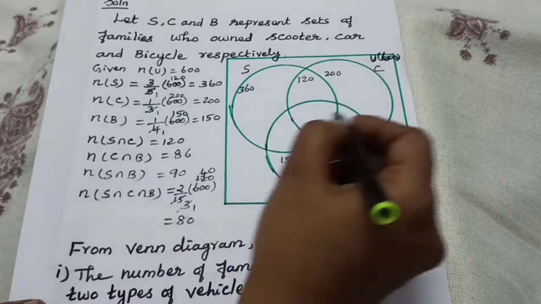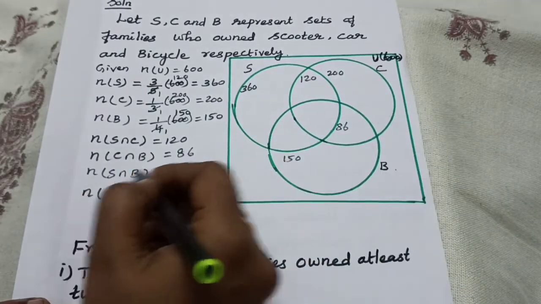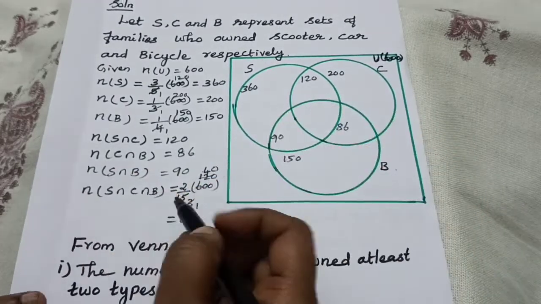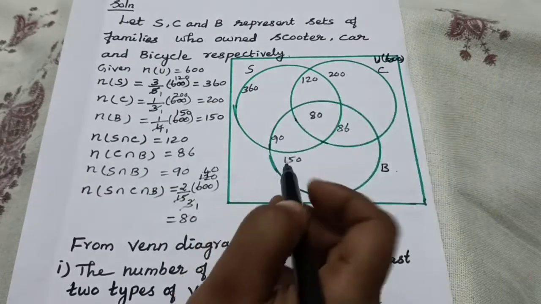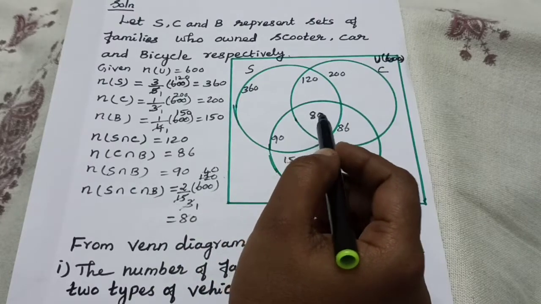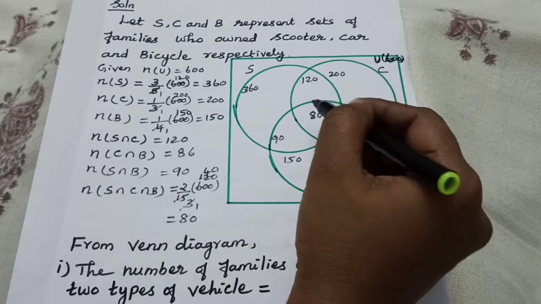And then n of C intersection B is 86. And then S intersection B is 90. Then all the 3, 80. From here, all 3 vehicles, how many of them are using? 80.